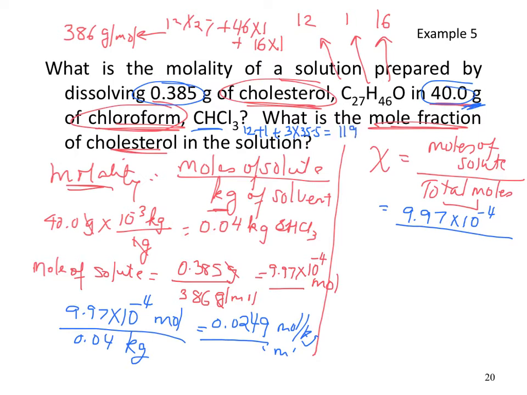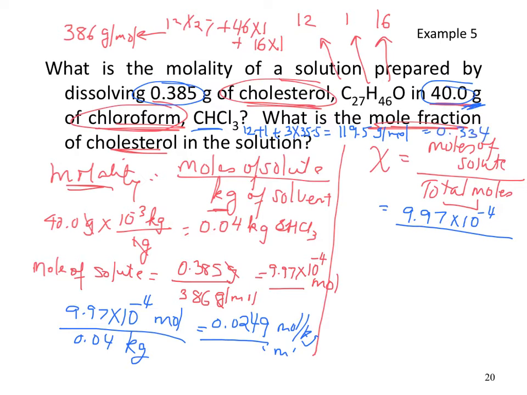This comes out to be 119.5 grams per mole. And so if I had to divide 40 by 119.5, that's close to a third, so it does come out to be 0.334.